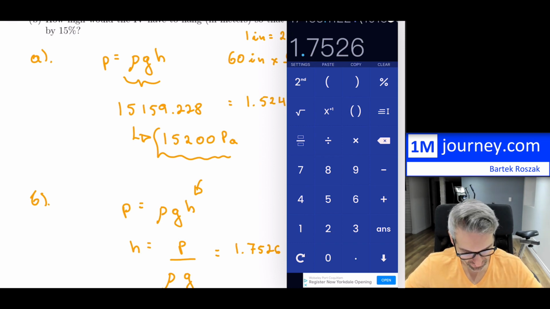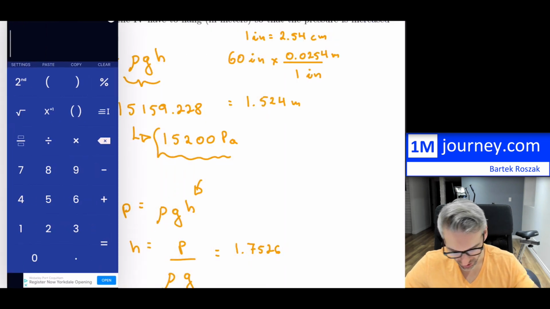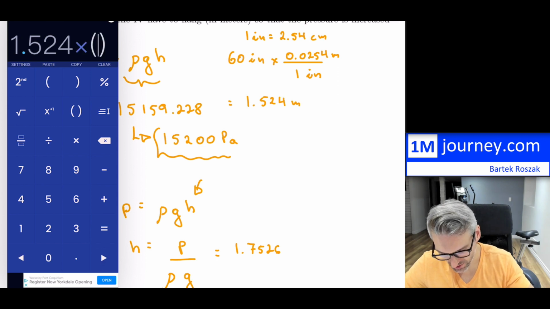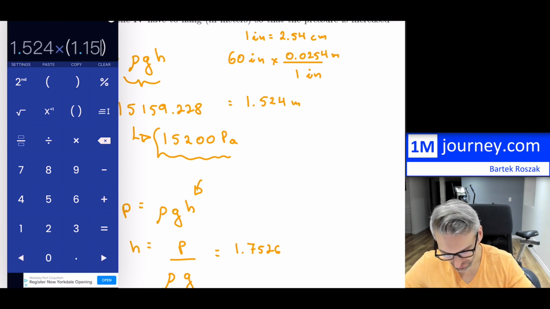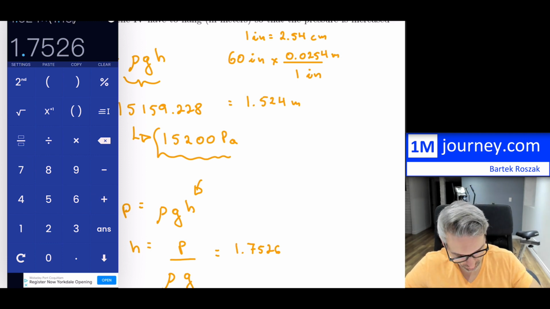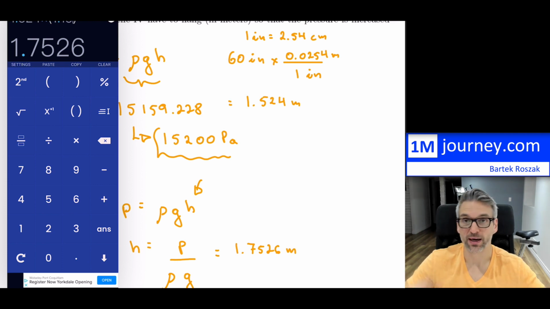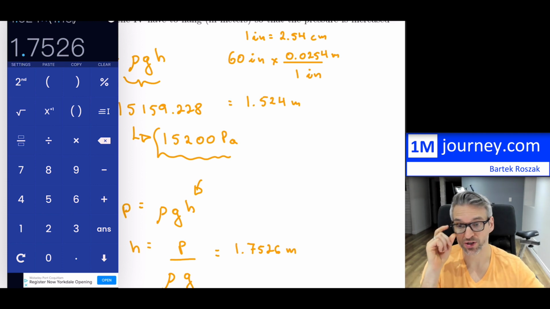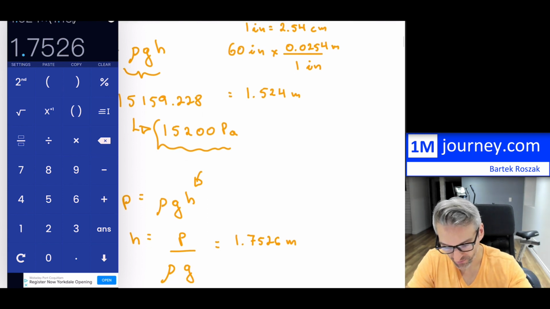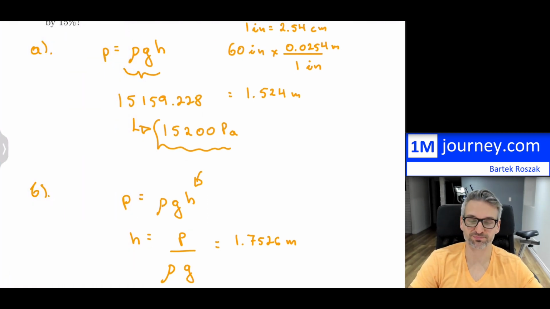So if your original height was 1.524, increase it by 15%, so times 1.15, and you get exactly the same answer without worrying about anything. This is a test of you understanding things which are proportional to each other. So that would be it for this example.